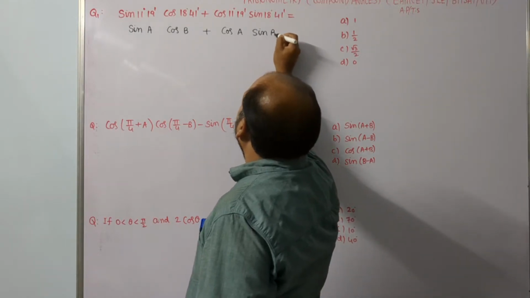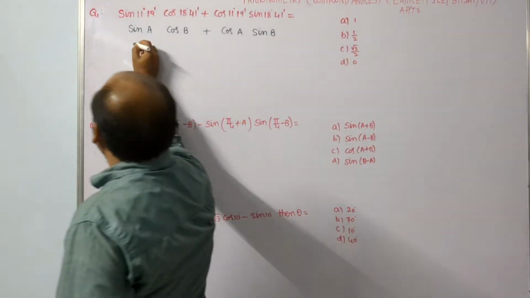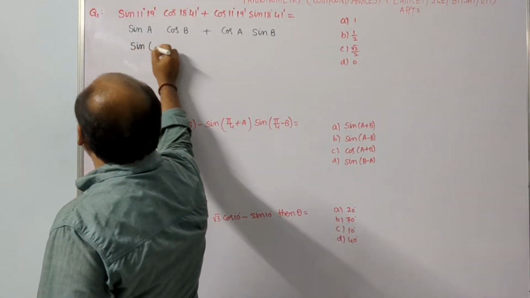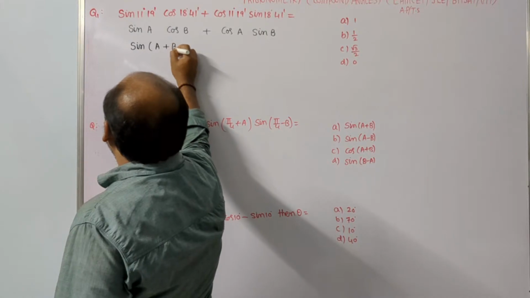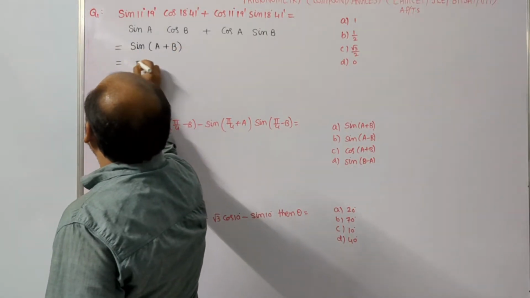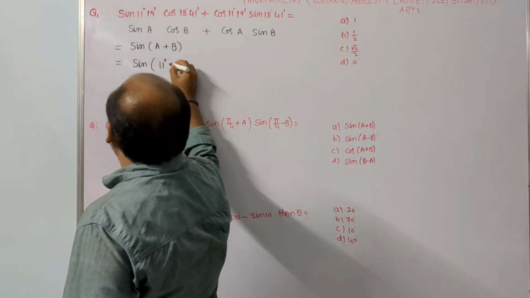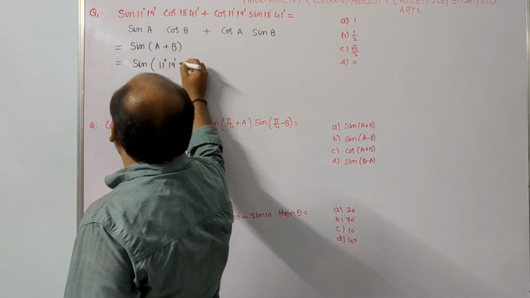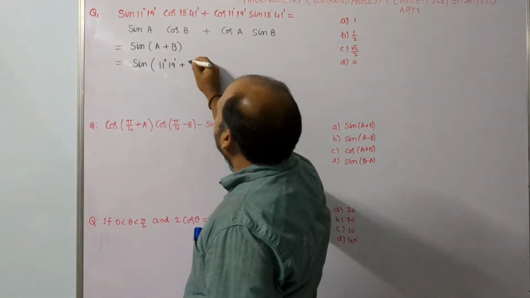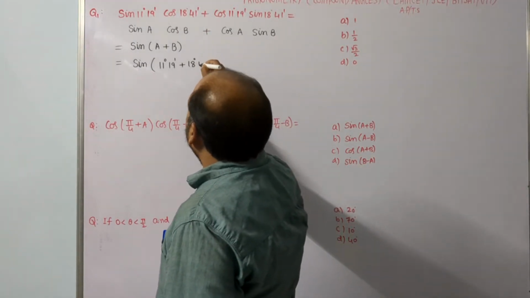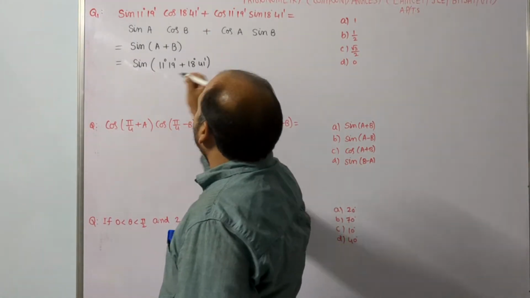You know that the sin A cos B plus cos A sin B formula is sin of A plus B only. So sin of A plus B, where A is 11 degrees 19 minutes and B is 18 degrees 41 minutes.